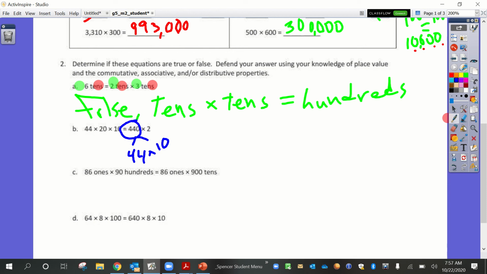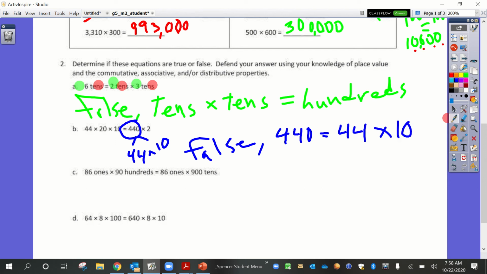The other side of the equation says 44 times 20 times 10. Well, that's not going to do it. They're not equal, so this is false. And we can say this because 440 is really equal to 44 times 10, right? And not 44 times 20. So great job on that one.